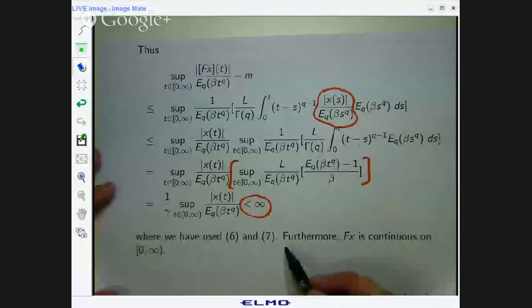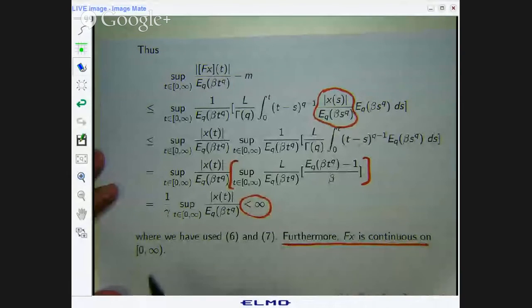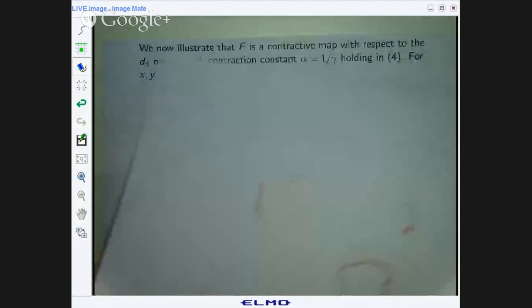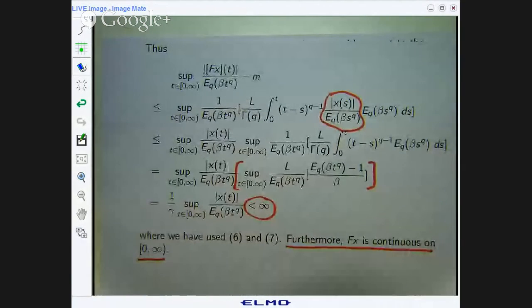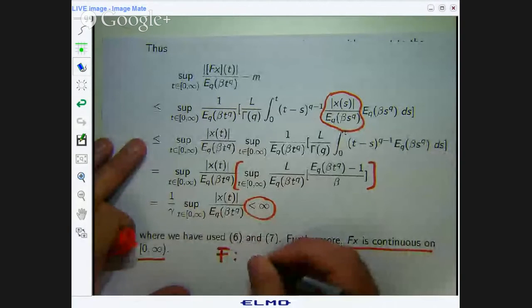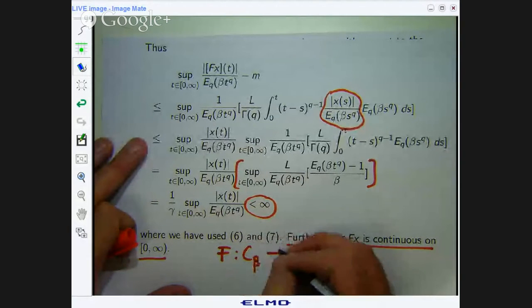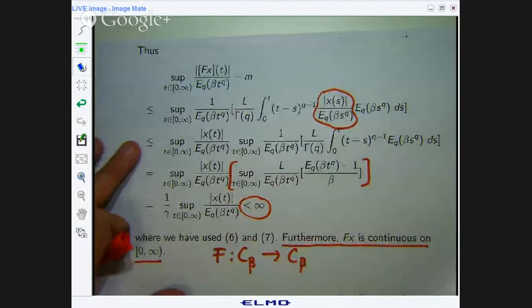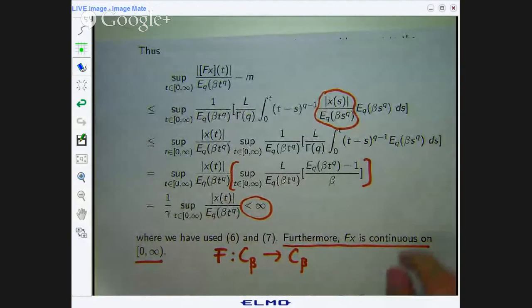Okay. Furthermore, I'm not going to do this because it takes at least another couple of pages. Furthermore, big F of x is continuous on this set. So what that means is that F maps C sub beta into C sub beta. Yes, so we're happy about that. All right.